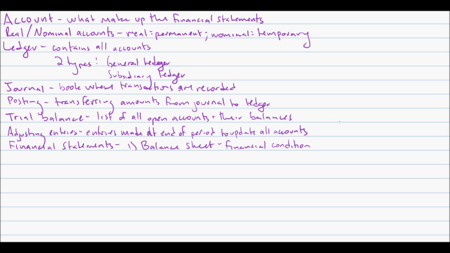The balance sheet can be prepared at any date throughout the year. It isn't necessarily only prepared at the end of the period, and so it's called a snapshot, because it gives you the financial condition of a company at any certain point in time.